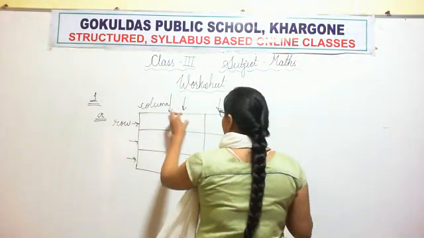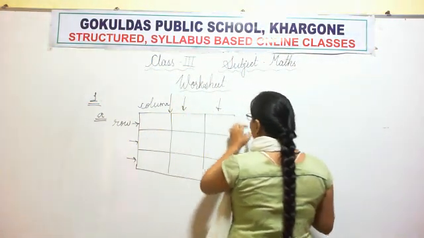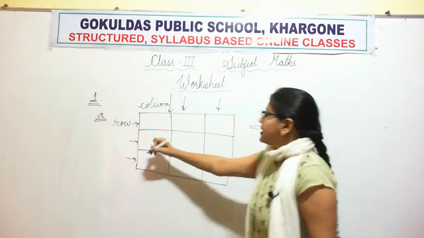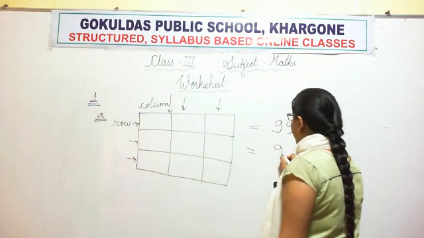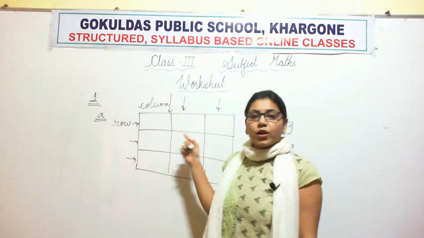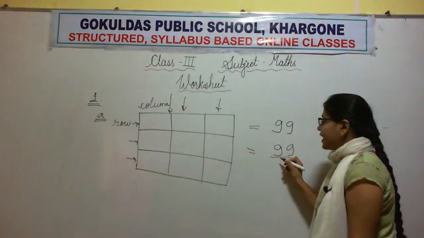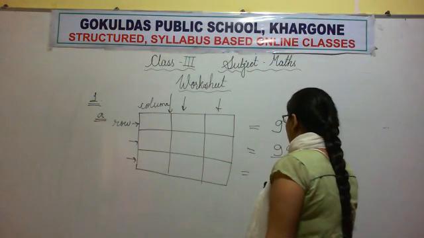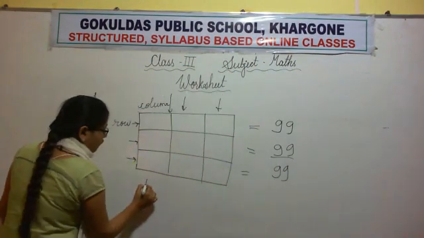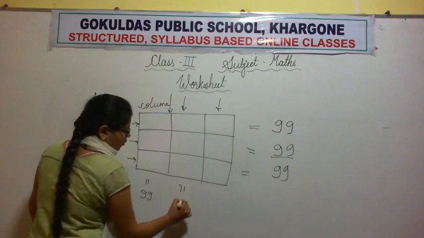It means if I add all the 3 numbers of this row, sum must be 99. Same with second row also. If we add all 3 numbers of the row, sum must be 99, in case of rows and in case of columns also.